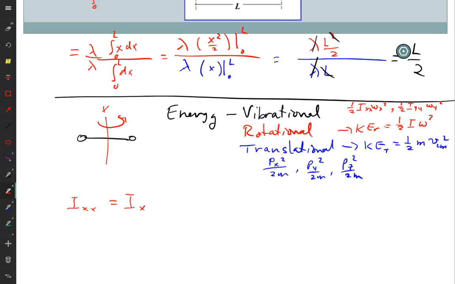So Ix is equal to the integral of r perpendicular. Well, if my x is going from here out, then how does r perpendicular relate to x?